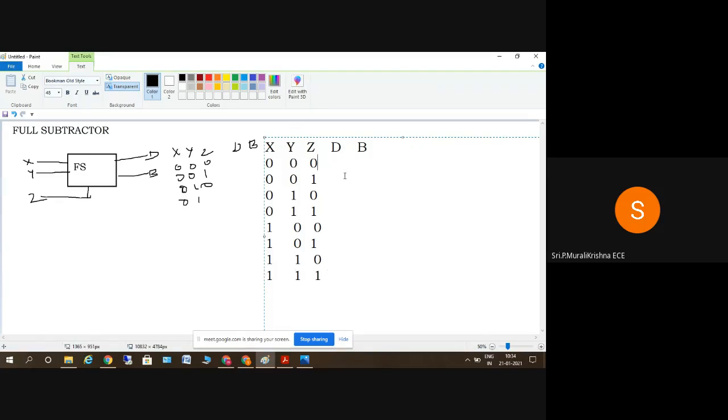Okay, so here the difference is 0, borrow is 0. This is obvious. And for 0, 0, 1, 0 minus 0 is 0, and 0 minus 1 gives difference 1, borrow 1. We have seen that in the half subtractor also.